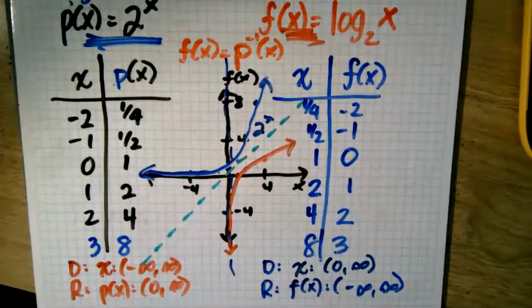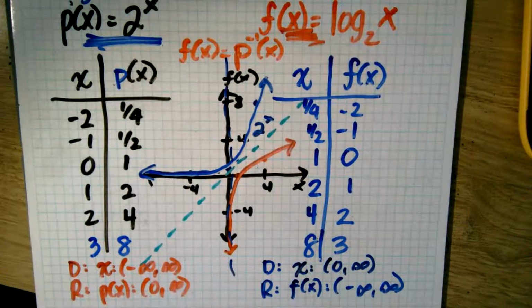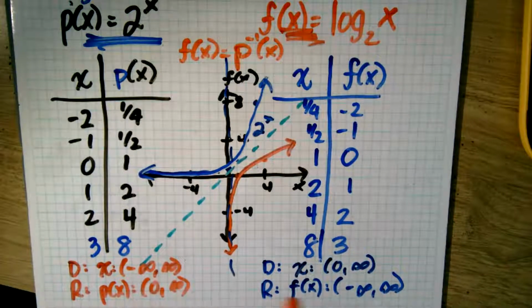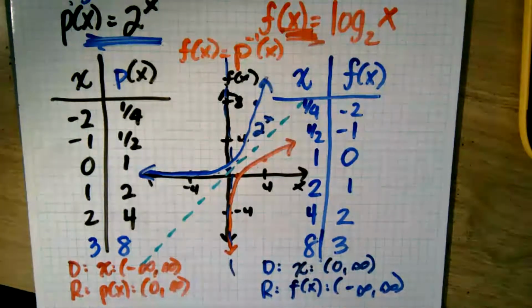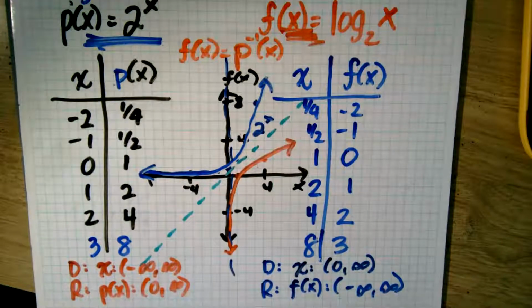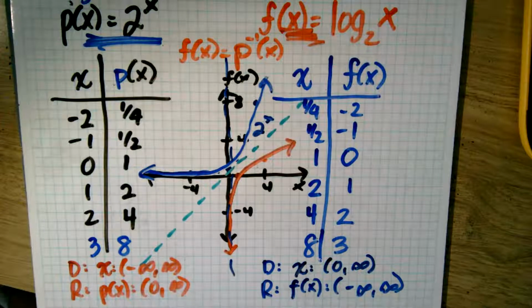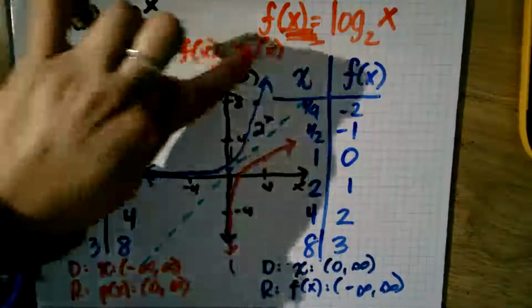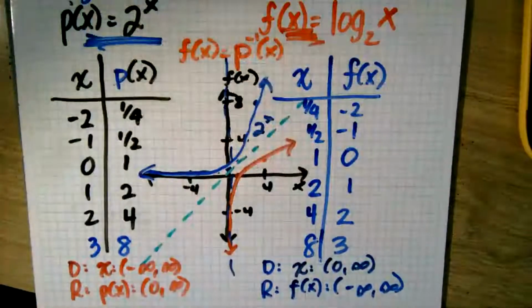You see that? That's really important. Your exponential function has a horizontal asymptote at y equals 0. This means that my logarithm function will now have a vertical asymptote at x equals 0. So far, I've been able to show you the relationship between the exponential function and the logarithmic function.